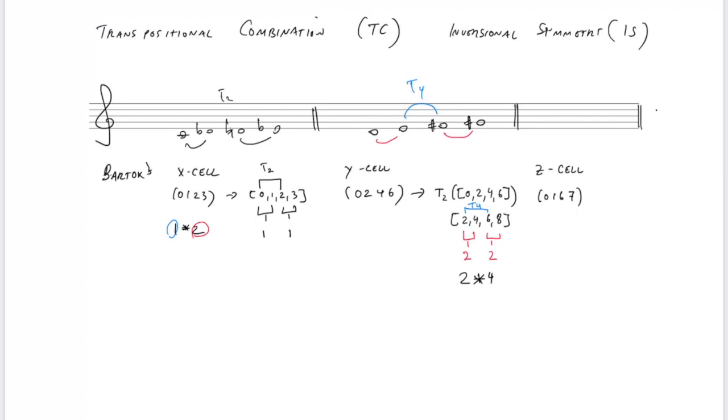And if you look in the book, it says that it has 1 asterisk 6 and 5 asterisk 6 as well. The reason why that works is the following. I'm going to write it super tight together. So we'll do this one as is, and we have a D flat right here. And then we have 6 and 7.